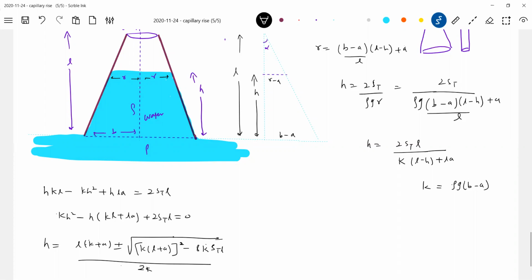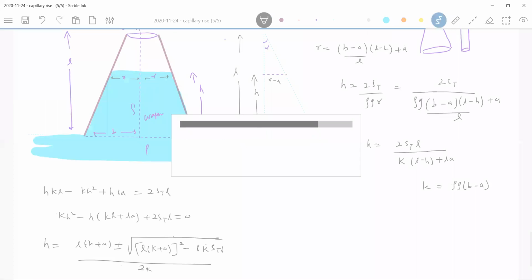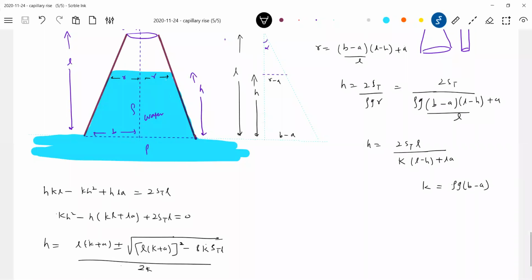Oh, this L is common, no? So sorry, yeah, some mistake happened. It should be K. This should be the L. Okay, do remember. So some different shaped glass pipes will come into picture. There's a condition what you have to put here.